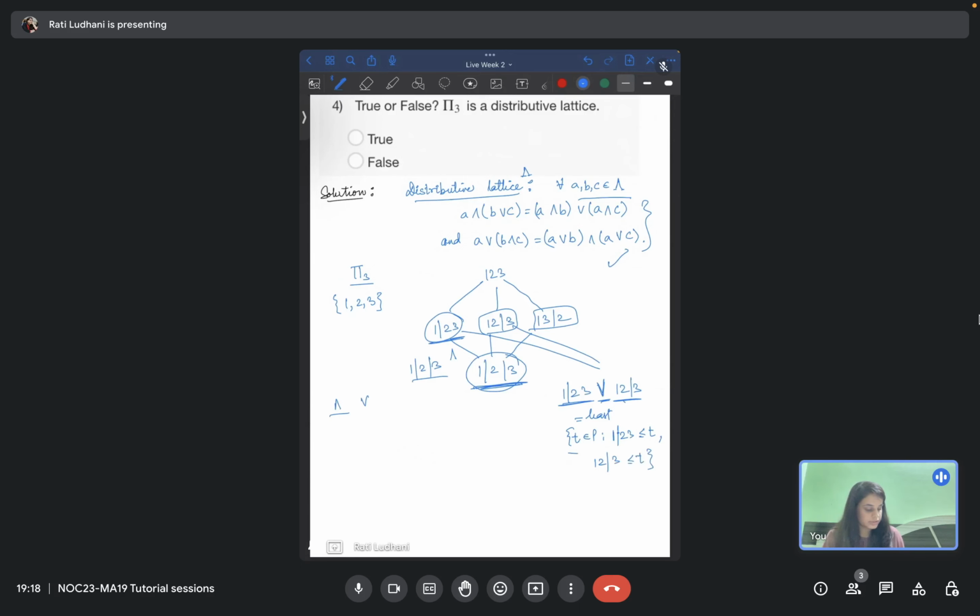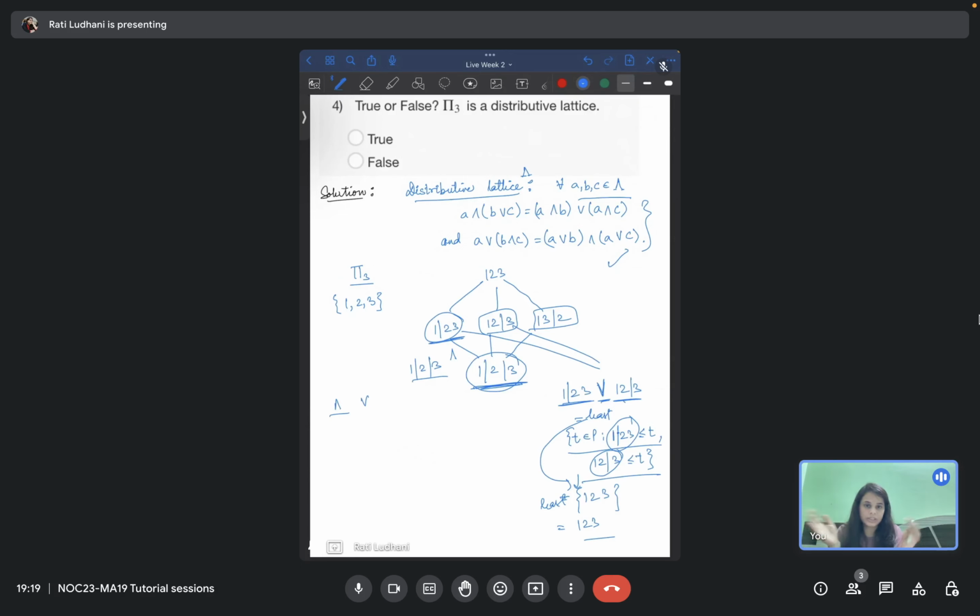Exactly. So in this set, which element can you put? An element of the poset which is bigger than these two elements. 1 2 3, yes, you can definitely put that. Now the least element of this set is just 1 2 3.